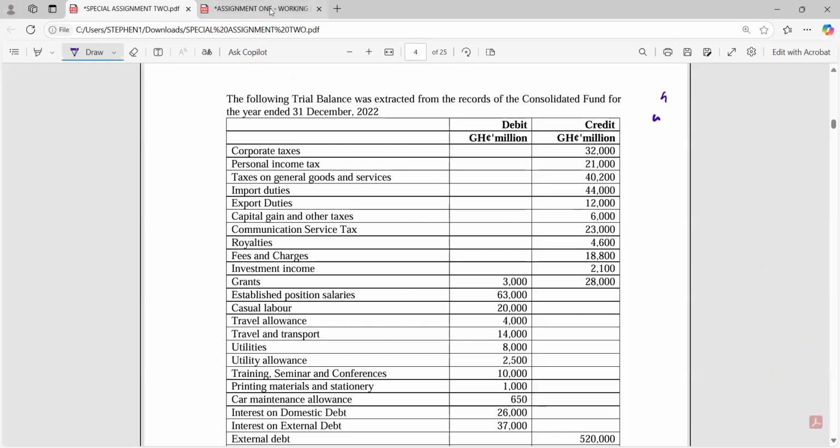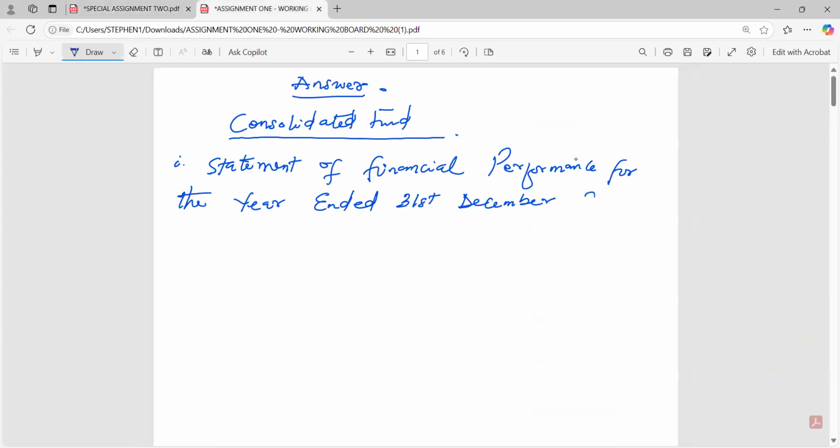For the year ended 31st December 2022. Perfect. To the right. Ghana cedis. How many zeros? It's a million, right?